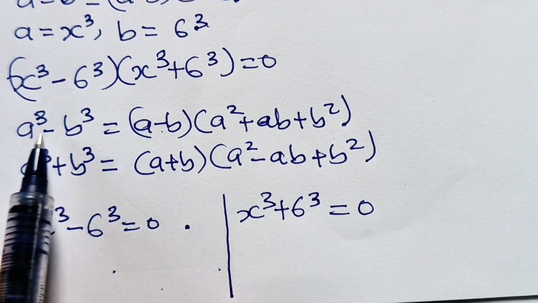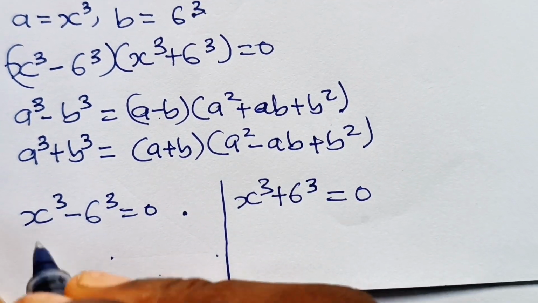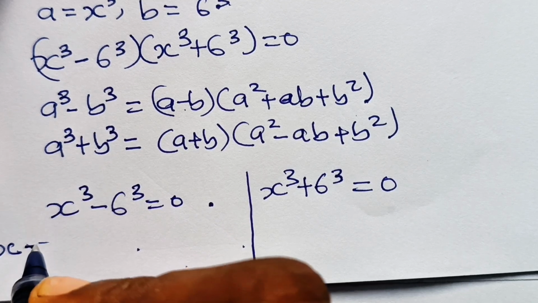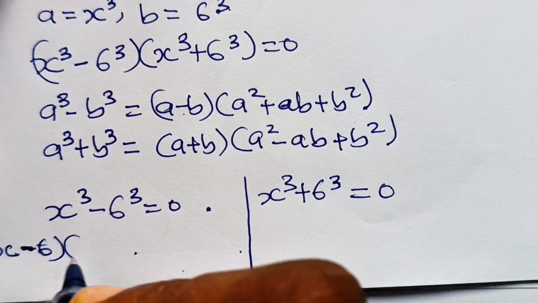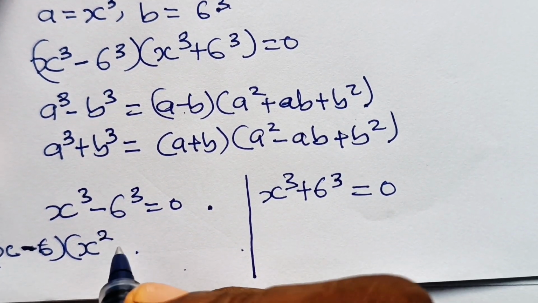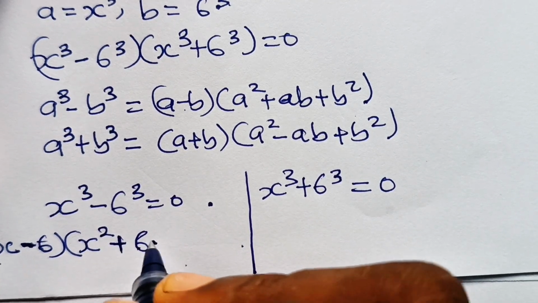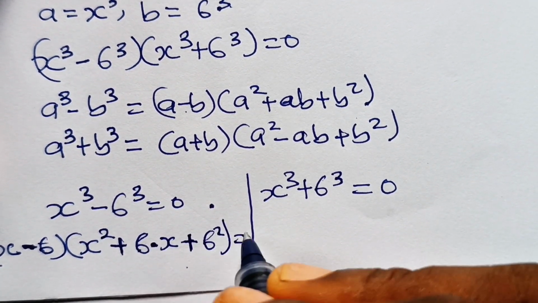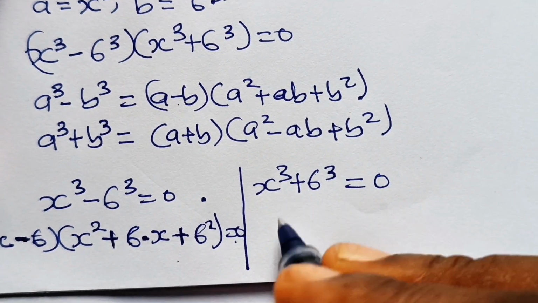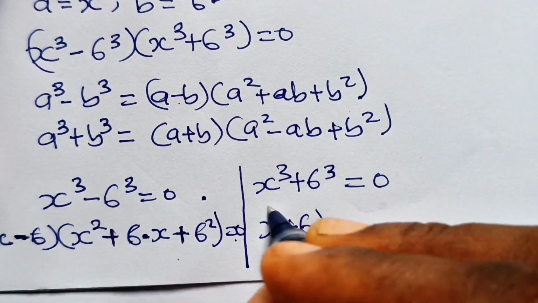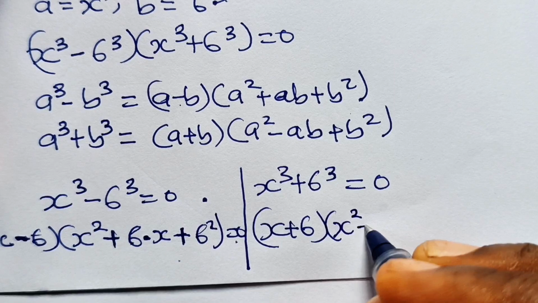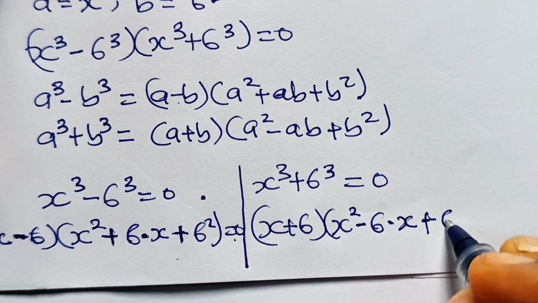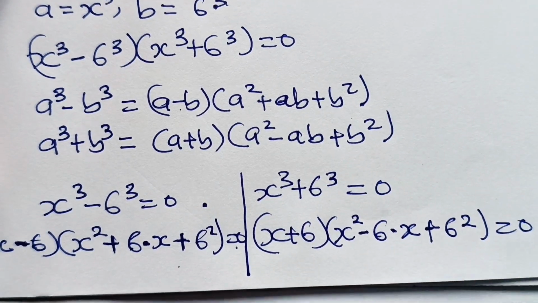Now let's express this in this form. Okay, so it's going to be x minus 6 multiplied by x squared plus 6 multiplied by x plus 6 squared is equal to 0. Then this side will be x plus 6 multiplied by x squared minus 6 multiplied by x plus 6 squared is equal to 0.